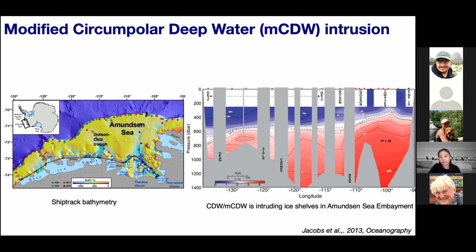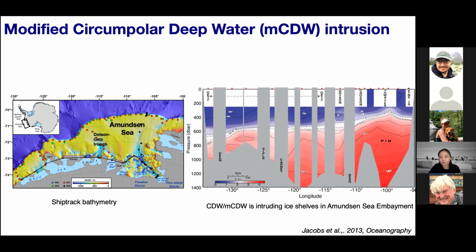On the western Getz, there are also troughs that lie outside these ice rises. During the past ice ages, these deep troughs were carved by the paleo ice streams into the continental shelf, and they are the primary pathways for the ocean water to access the ice shelf.